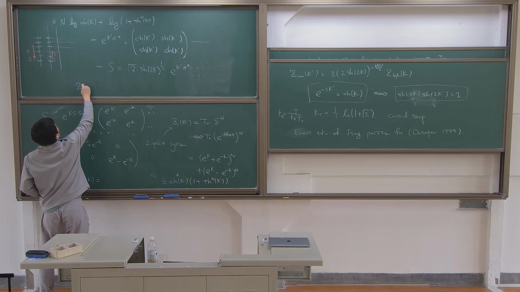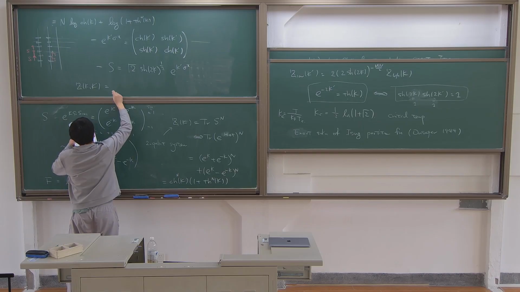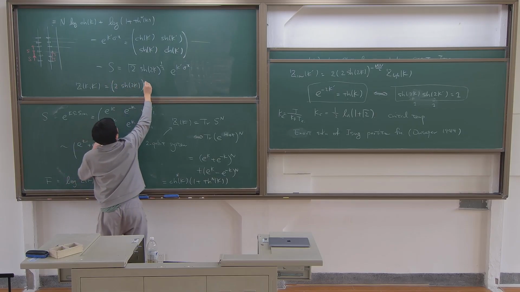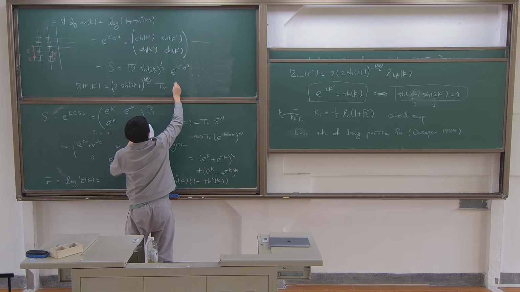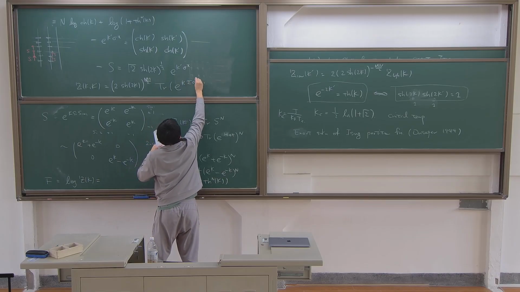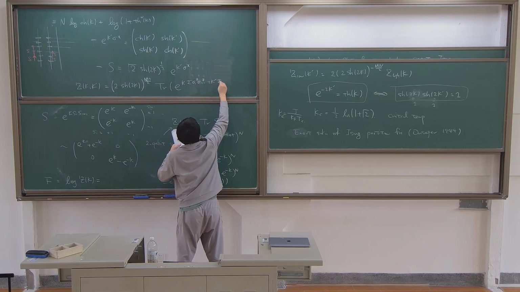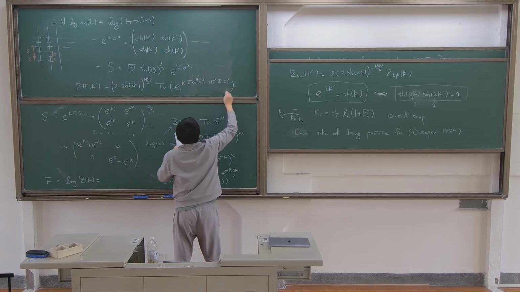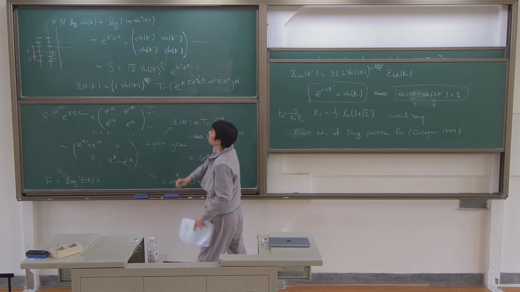Z of k and k prime is the trace of e to the k sum of sigma z at i plus 1 times sigma z at i, plus k prime sigma x at i. Like this.